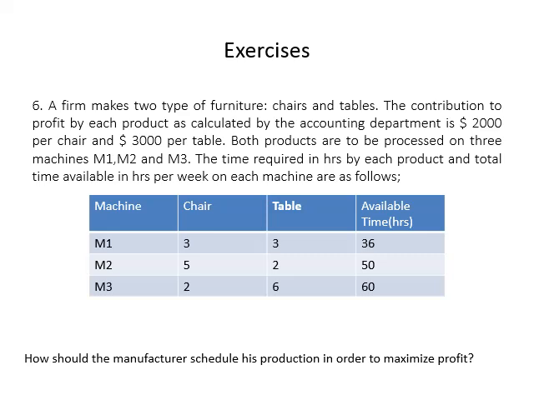The last, exercise 6. A firm makes two types of furniture, chairs and tables. The contribution to profit by each product as calculated by the accounting department is $2,000 per chair and $3,000 per table.